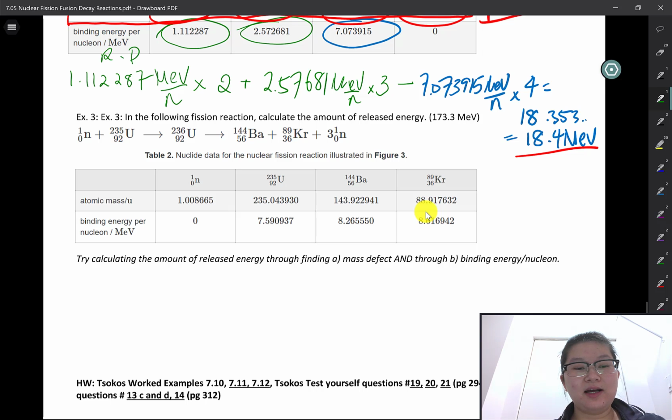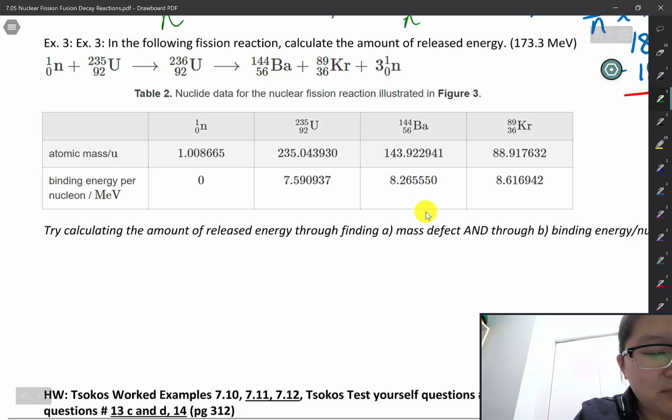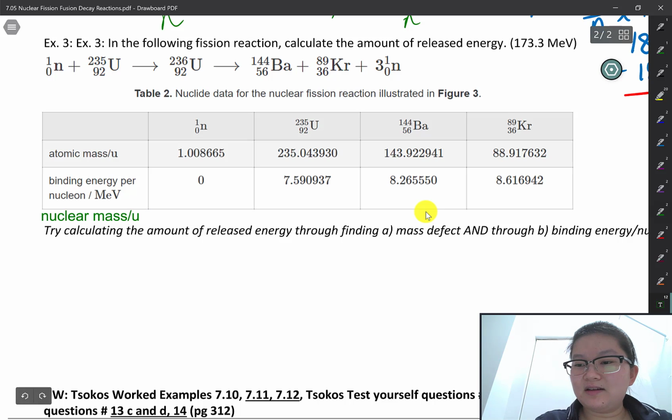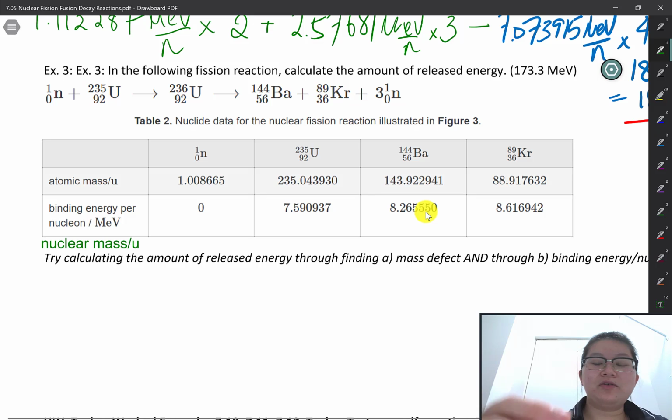Okay, so I'm going to add another row, and that's going to be our nuclear mass per unit of U. The nuclear mass is, of course, going to be the same for the neutron, but for the uranium atom, assuming it's a neutral atom, it's going to have 92 electrons.